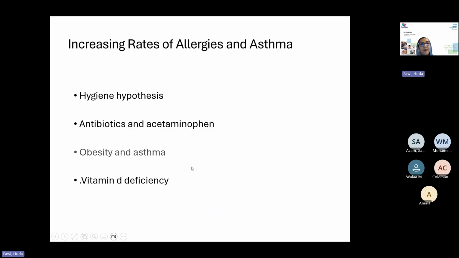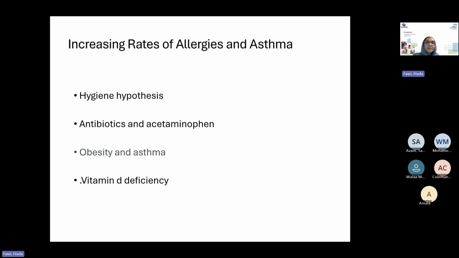Why is allergy increasing? So we don't know, but there are so many theories now. The hygiene hypothesis, we're cleaner, use of detergents, our food is cleaner, our environment is much cleaner.